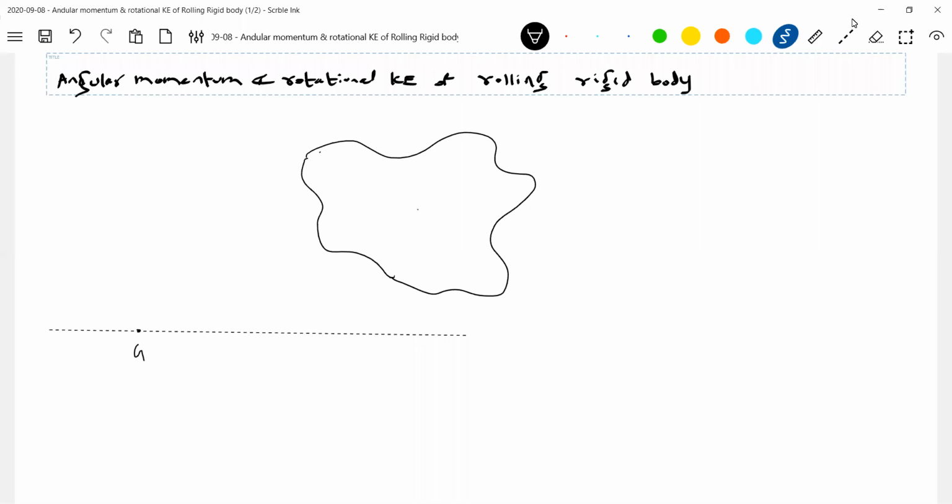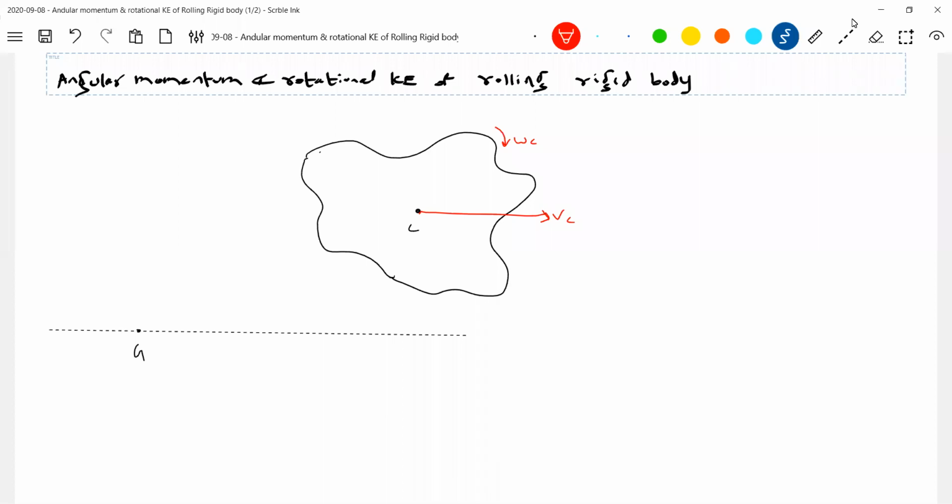Now VC is the velocity of the center of mass, and all particles rotate about the center. This is what happens practically. The rigid body which is rolling need not be a wheel only. It can be any object with translational and rotational motion.